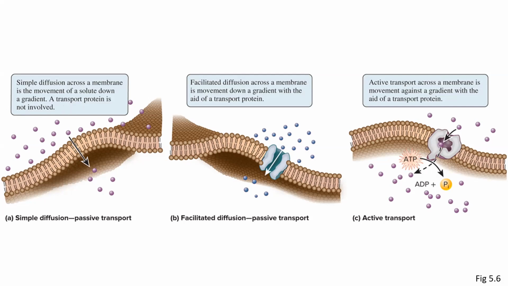Facilitated diffusion. What does facilitate mean? It means to make easier, to help, to assist. So you're facilitating diffusion. That means diffusion is still occurring. That means you're moving from an area of high concentration to low concentration, and you're moving across the membrane. However, what's helping it, what's assisting it, what's making the substance easier to cross, what is aiding it?